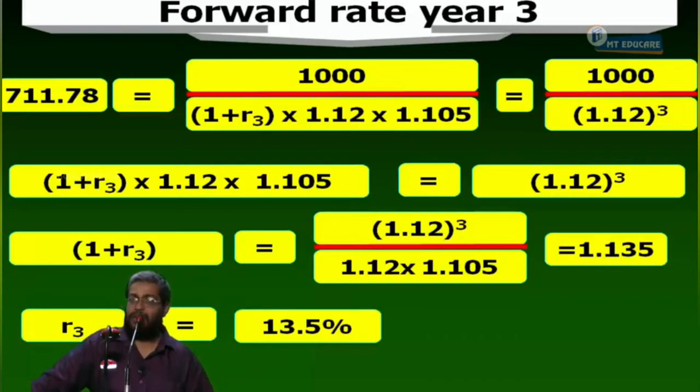Then the YTMs can be assumed to be 0 rates. Can I proceed? Point number 1 or 2?